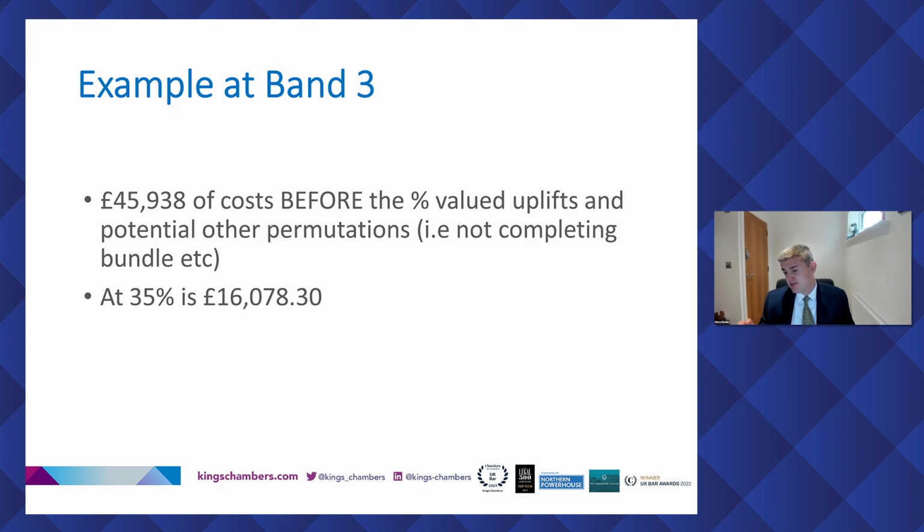Now, before the percentage valued uplift, there are potential permutations, for example, not completing the bundle, which is a reduction or an addition depending on who's done what. That's essentially the lowest figure it could be, I think it's fair to say, but that's a small amount in comparison. So £46,000, as you'll see on the slides, at 35% is £16,000.